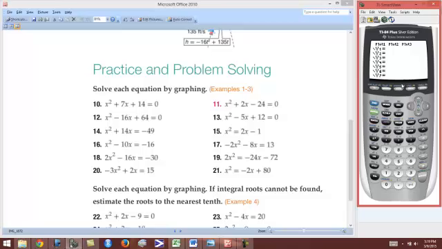All right. Now 19. Let's put a 19 in. Okay, y equals 2x squared plus 24x plus 72. Okay, now this is another one that probably factors, but let's take a look at that. We did that last chapter. Now I want you to learn how to use this thing.